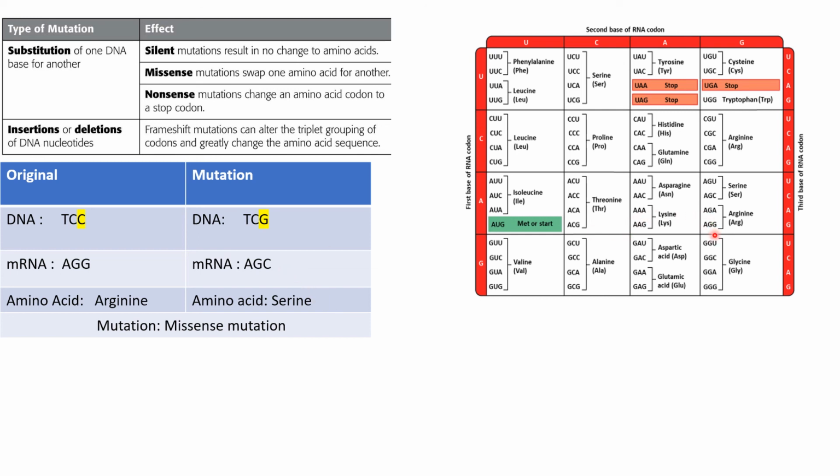Originally your messenger RNA was AGG right here, which codes for arginine, and we went through a mutation where now our codon reads AGC. Notice how AGC does not code for arginine, it codes for serine. That means that this mutation resulted in a change in your amino acid sequence. And so when this happens, we call this a missense type of mutation.